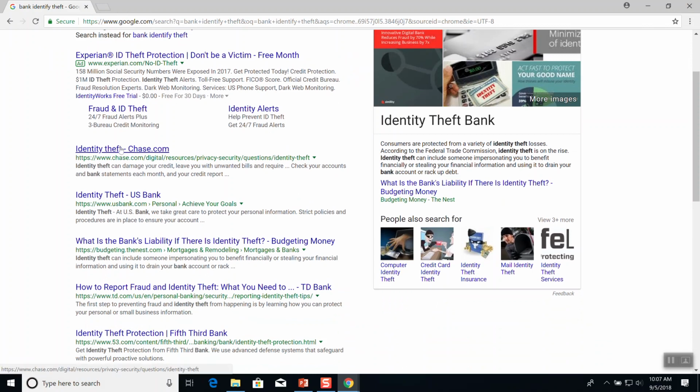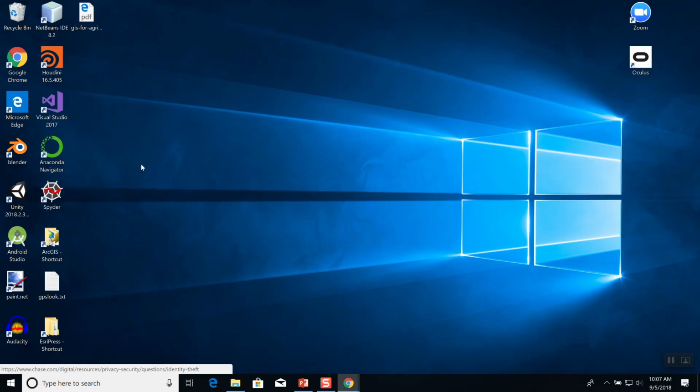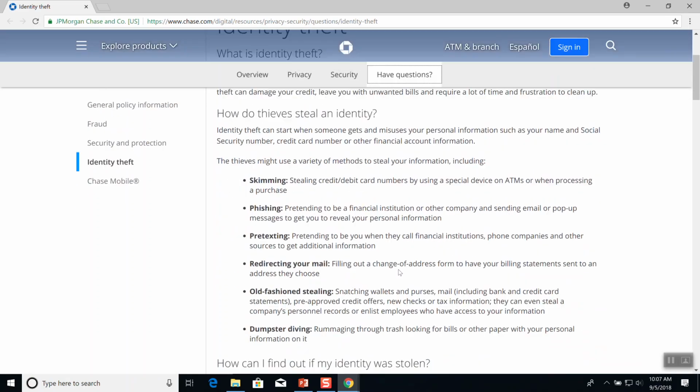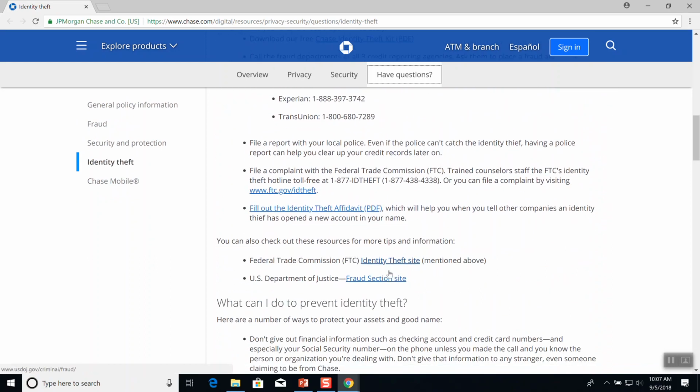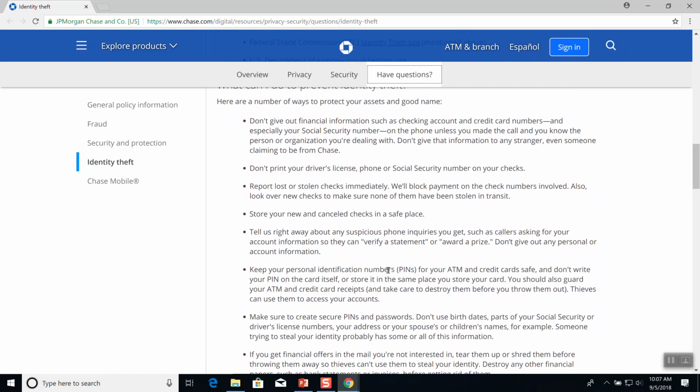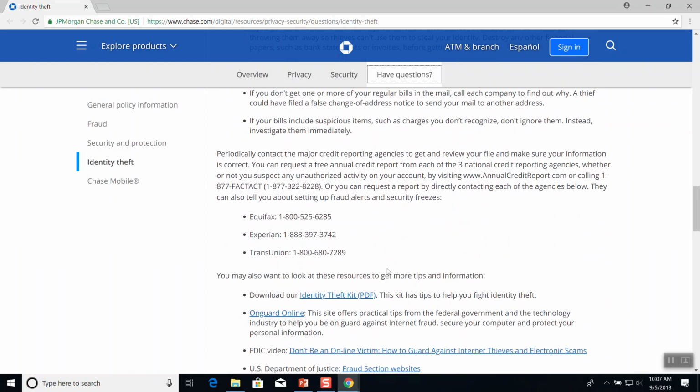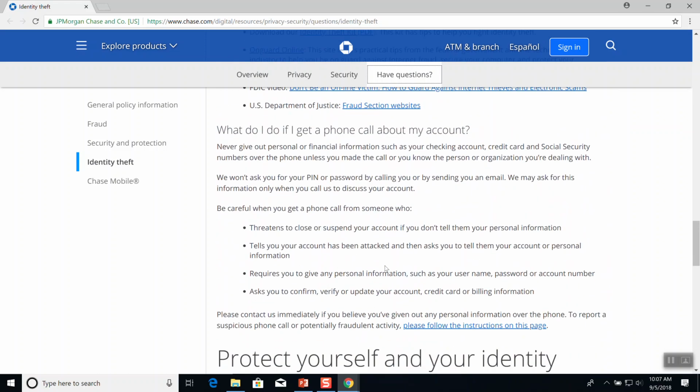It looks like they have identity theft protection. Usually they have certain limits on how much they'll protect you to. If you go to a bank, they'll talk about what they can do. It used to be your debit cards didn't protect you against some issues. Credit cards did. I think that's changed though.